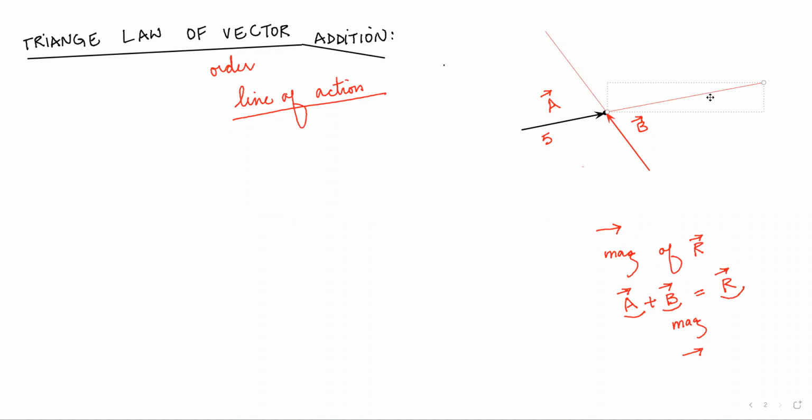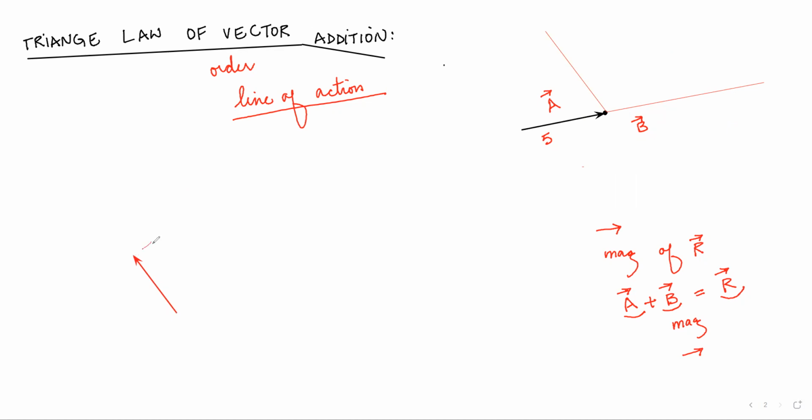Now, students, one thing I want to tell you, which you must understand perfectly, is that if I take this vector B to some other position, this position, this position, anywhere, even if I take this vector to America or Japan, provided two things remain constant.